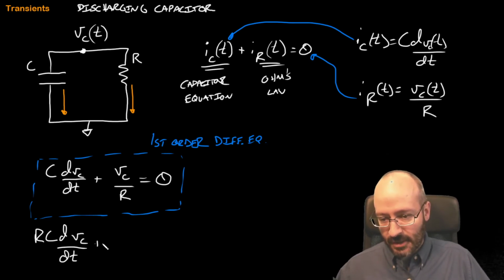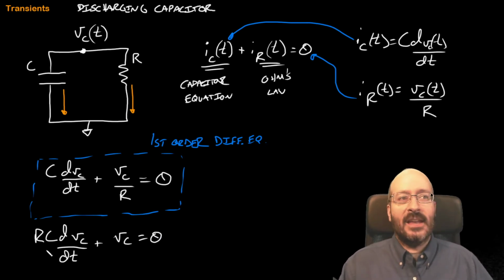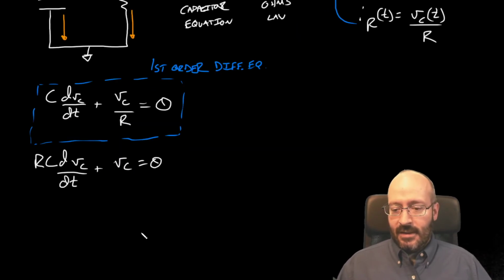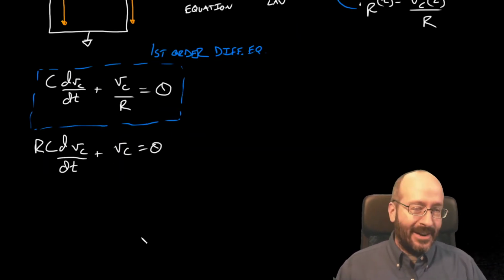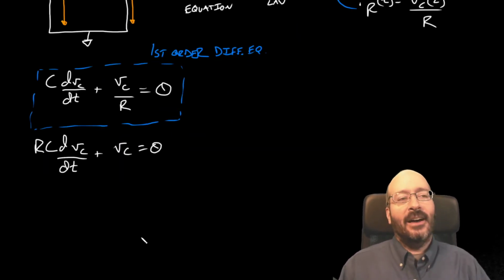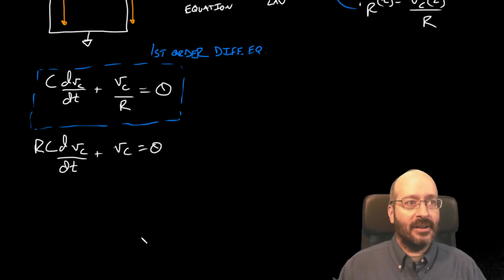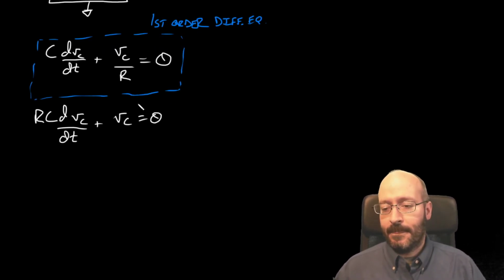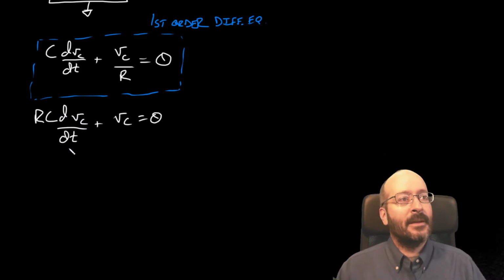And it's going to get it out of the denominator over here. Okay, that looks a little better. These are constants. I'd like to keep them together and treat them as one constant if I can get away with that. And it's actually a pretty cool constant. It tells us something about how this circuit's going to behave, R times C. We'll see what that is hopefully four or five videos from now. But we just want the form out of this one.